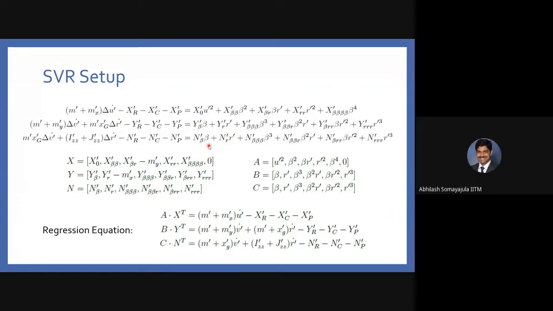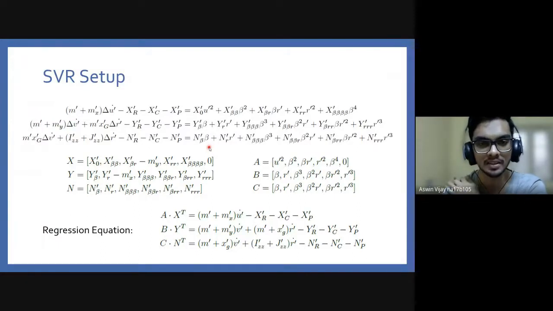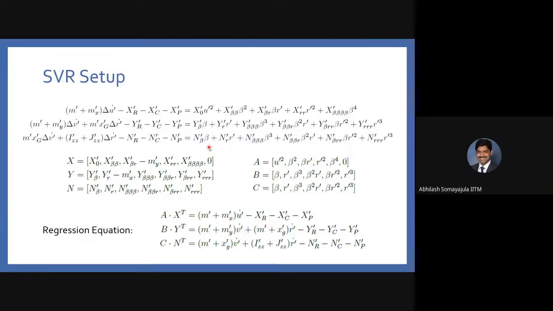Then if you are able to achieve a pure yaw maneuver, all these beta terms will be 0, but your XRR, you can estimate that precisely, possibly from it. Or if you're looking at the sway equation of motion, YRRR, you need beta to be 0, right? Beta will be 0. Therefore, the only terms affecting will be YR times R and YRRR times R cube.